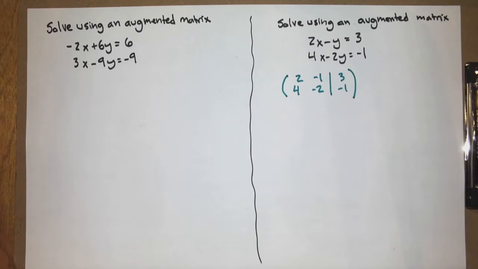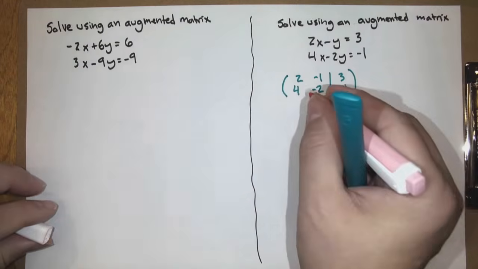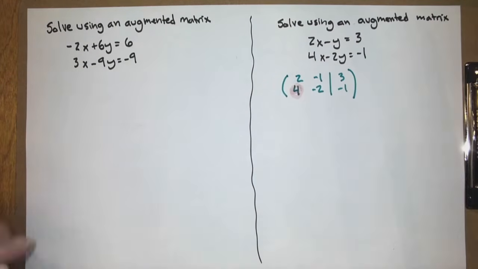Okay, so start thinking about the operations we can do. And our goal is, well, we want 0s and 1s. So a primary goal is try to make 0s. We can get 1s by scaling. So how can we make 0s? And I would say, pro tip, try to make that entry a 0.